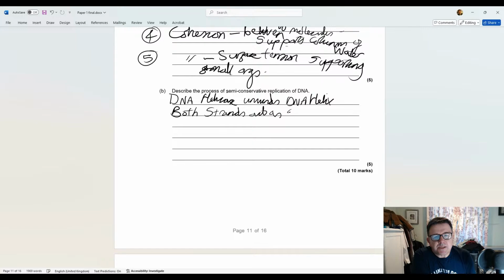So obviously when mRNA is being produced, you've only got one template strand, but in DNA replication, both strands are a template. Okay. So you get exposed bases, and then nucleotides line up in complementary pairs.